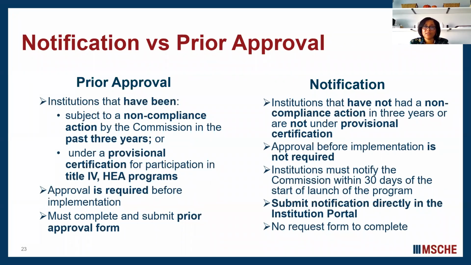And because it has to go through that review process, and you may have a timeline of when you want to start the program, it's helpful if you get it in earlier, because if the prior approval is not approved or is delayed, it can delay your start date. So if you can turn it in as early as possible, within the 3 months, that would help.